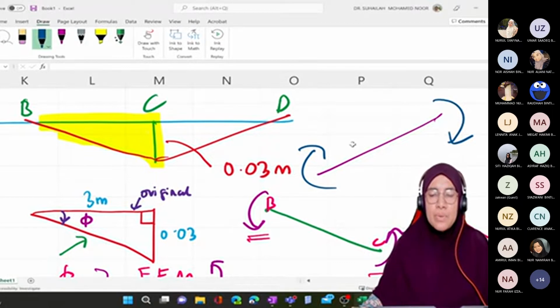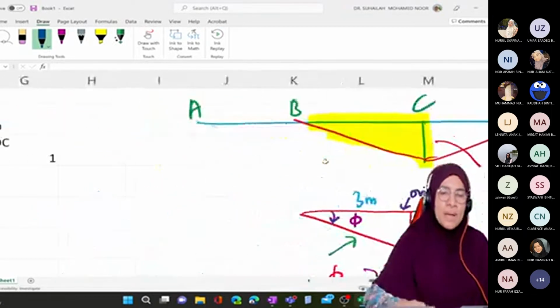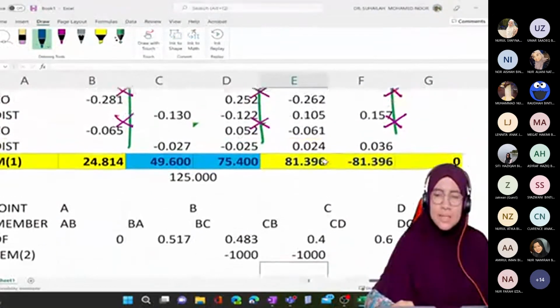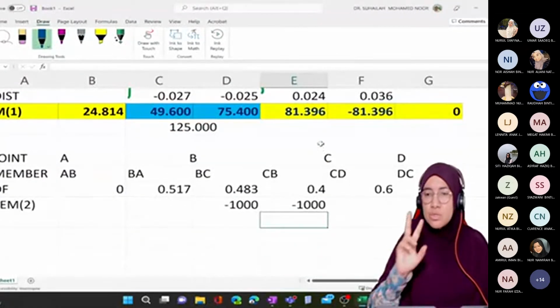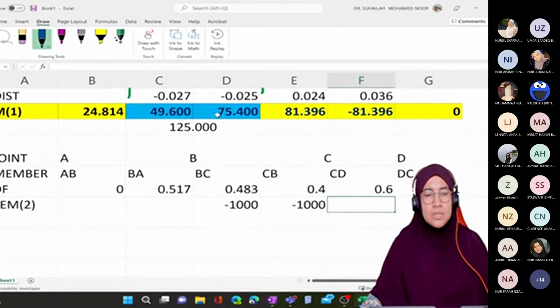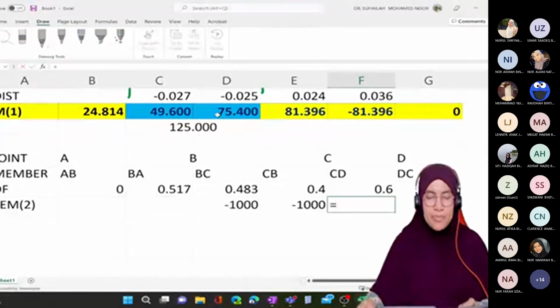So it will be positive FEM, and since the length is equal but EI is 2, it is positive 6.